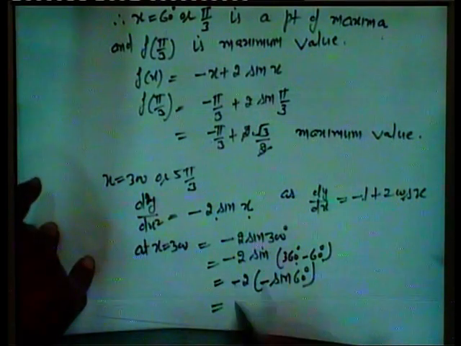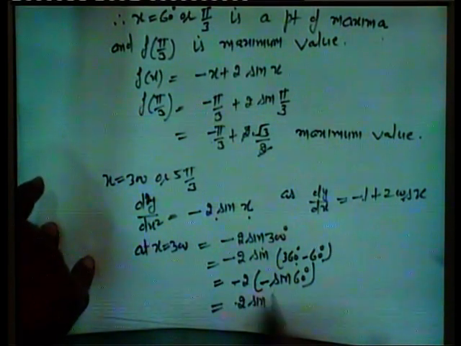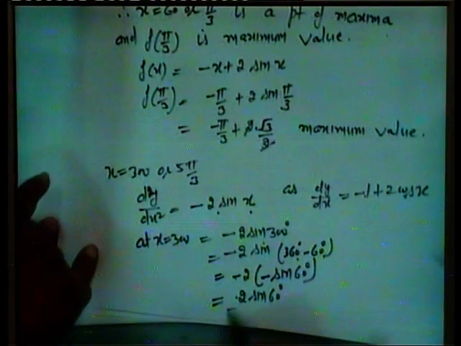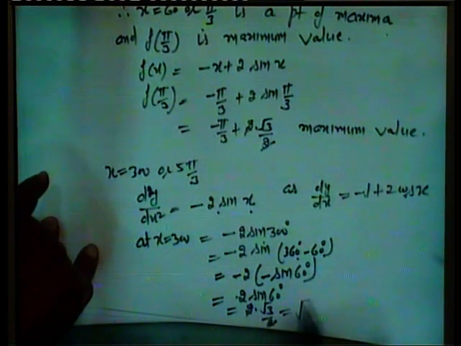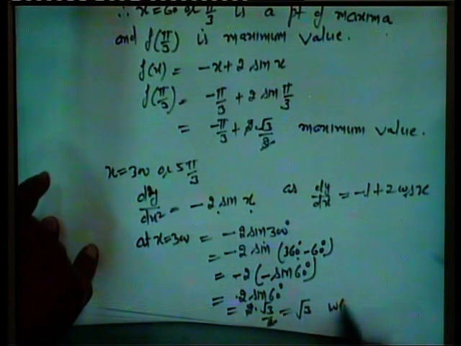Minus minus is plus, 2 sin 60. The value of sin 60 is √3/2, this becomes √3, which is positive.